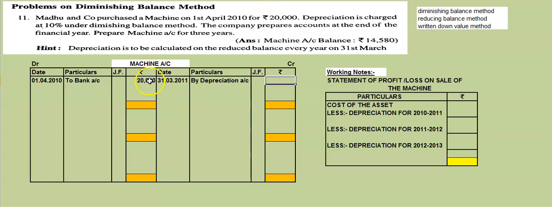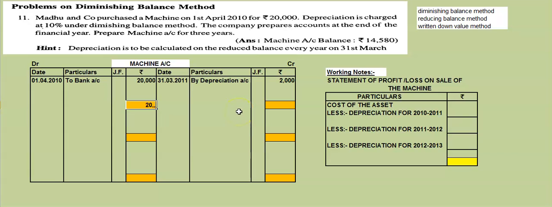Here in the first year there is no problem. What is the value of purchase? 20,000. On 20,000 only we will take the depreciation. 20,000 into 10%, how much will we get? 2,000. So the depreciation here is 2,000.